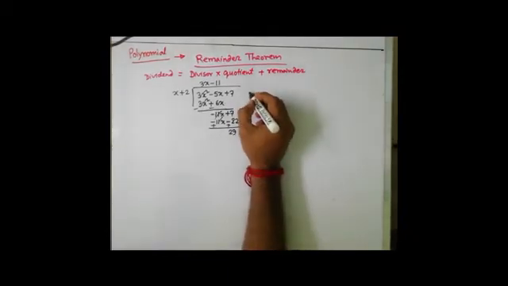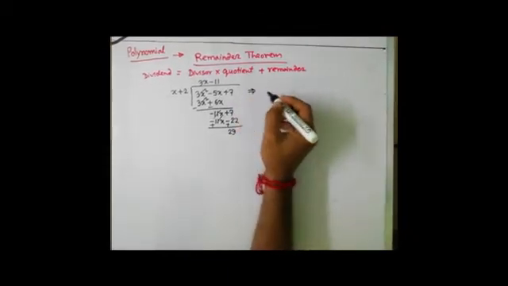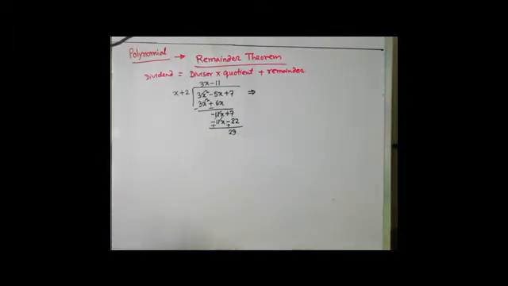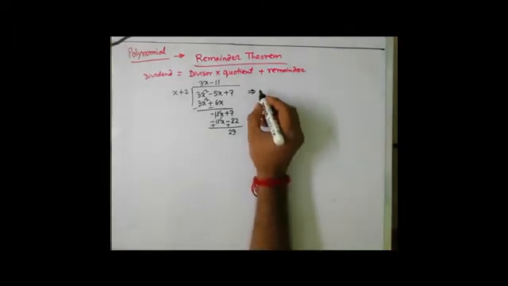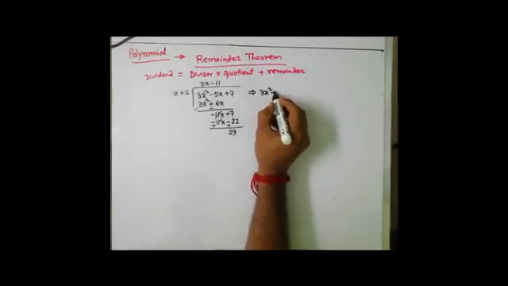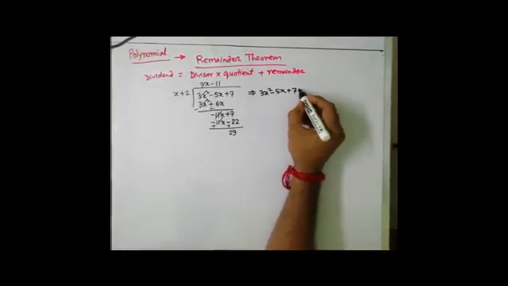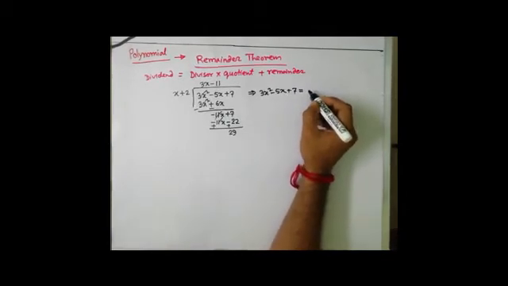In a similar fashion you can now write it this way: the dividend 3x square minus 5x plus 7 is equal to divisor into quotient.